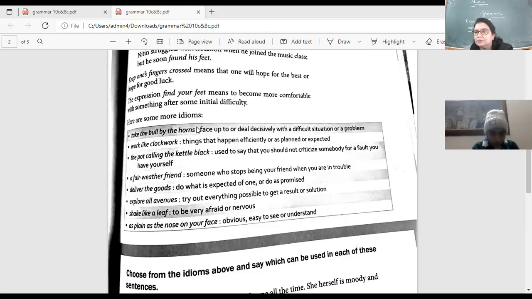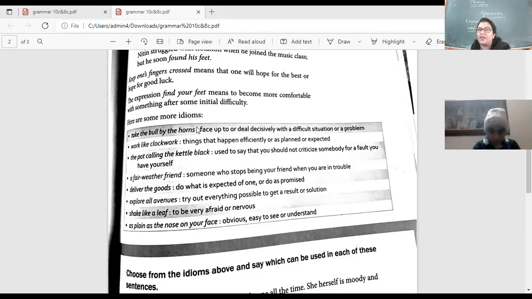Oh God, how do you take a bull by the horns? It must be someone who's very brave, a very sporty person, or a farmer, who has taken the bull by the horns because only he can control it. But what does it mean?